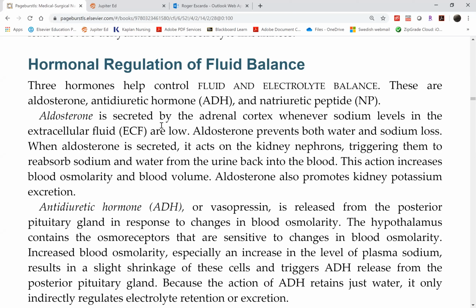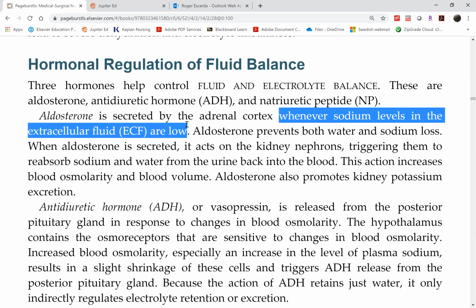One of them is aldosterone. So this is a compensatory hormone. It is released whenever sodium levels drop, or if the extracellular fluid, which is referring to the bloodstream, meaning if the fluid volume in the blood is low, low blood pressure, for instance, or you're dehydrated, aldosterone is automatically released by the adrenal glands. So this is part of your Renin-Angiotensin-Aldosterone System response. Aldosterone has actions on 2 things, water and sodium.